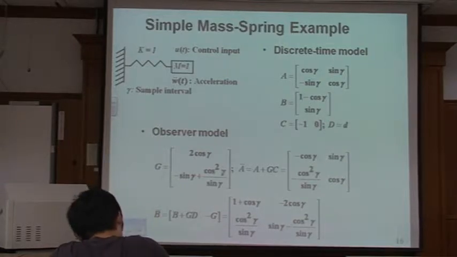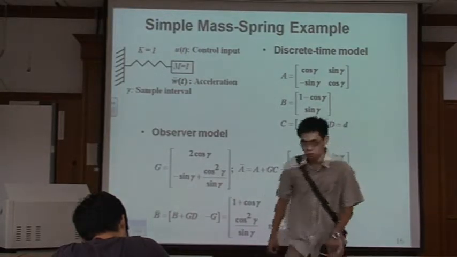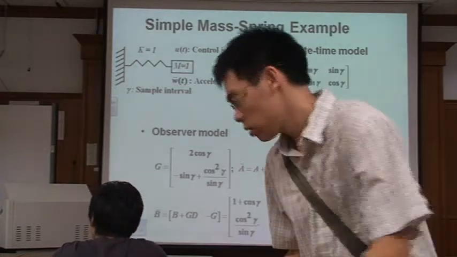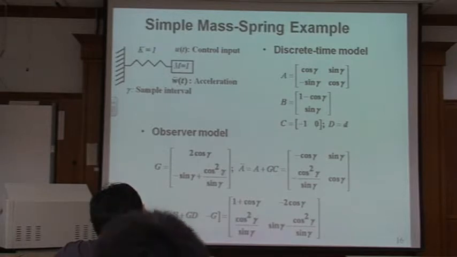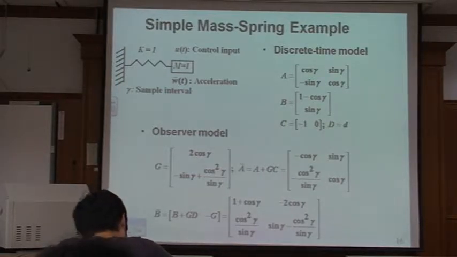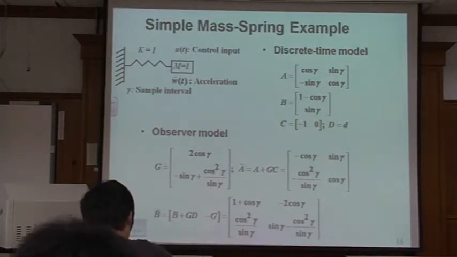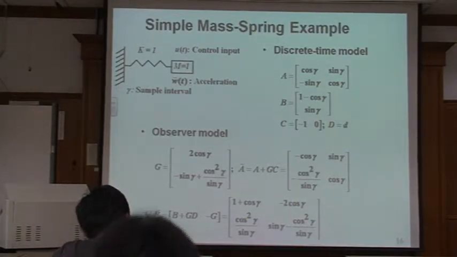Anyway, this A bar squared here is 0, 0, 0, 0. That's the A bar squared. Alright, that G gives you that. And the eigenvalues of A bar are 0. Both eigenvalues are 0.